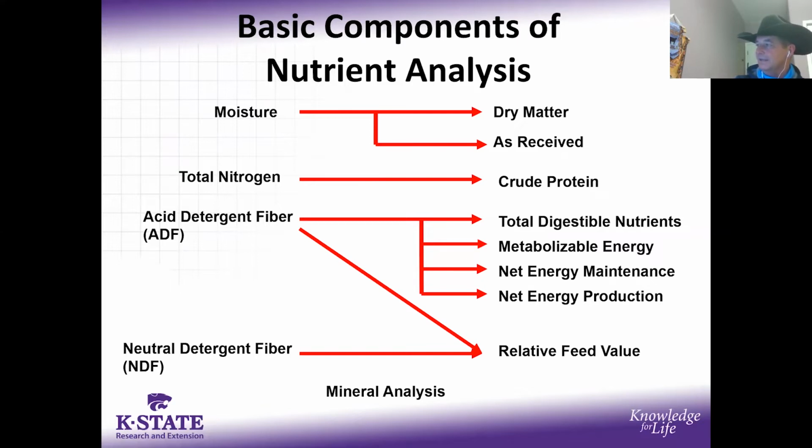This is used to calculate various estimates of energy that are commonly used, such as TDN, total digestible nutrients, or net energy for maintenance. And then we've got NDF, the neutral detergent fiber, which is used with the ADF to help calculate the relative feed value, or RFV.